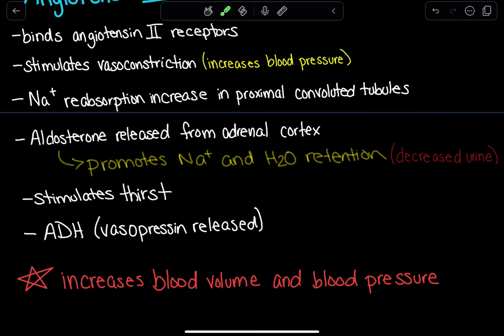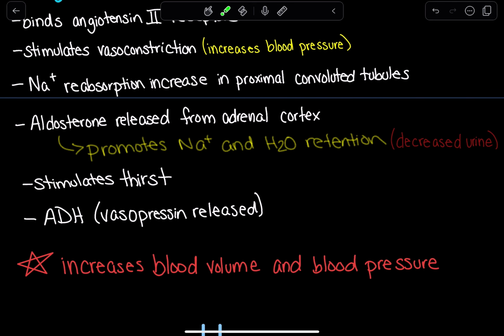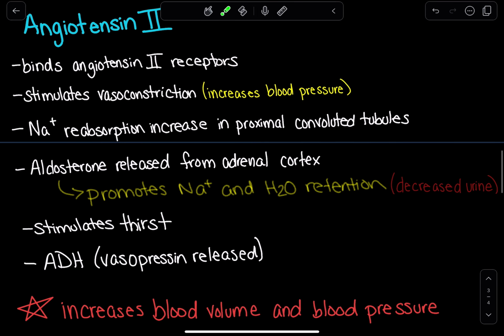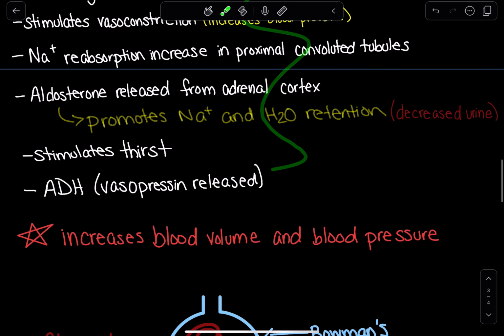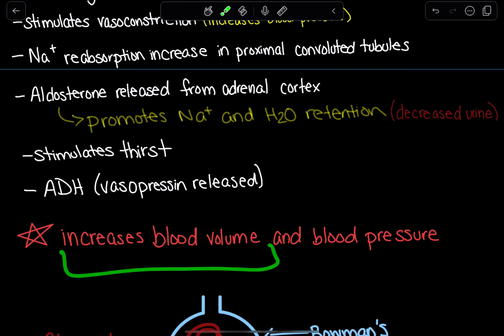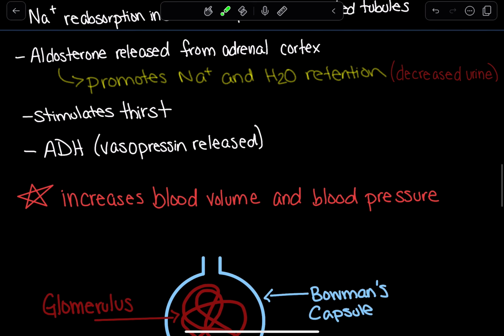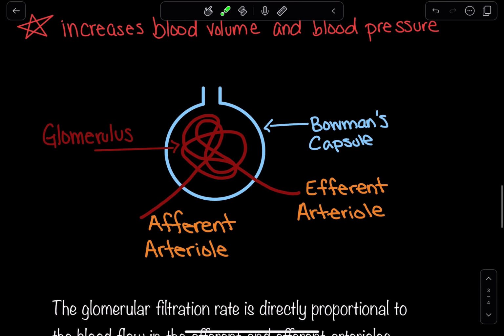Diuretic means that you release water, antidiuretic means you retain water. So if you're retaining water, you have more water in your blood, higher blood pressure. So all of these events that occurred due to angiotensin 2 will result in an increase in blood volume and an increase in blood pressure, bringing your blood pressure back up from a hypotensive state.